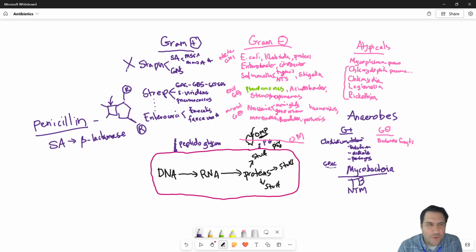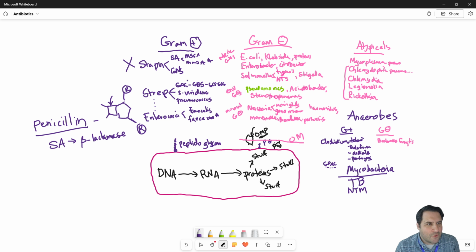There are a few, maybe about 1 to 5% of Staph aureus, that have not gotten the memo yet and still do not produce a beta lactamase, but those are quite rare. And I think most of us would worry that that's just a lab error before we believe that it was a Staph aureus that was somehow still susceptible to good old penicillin. But that's the story of that.